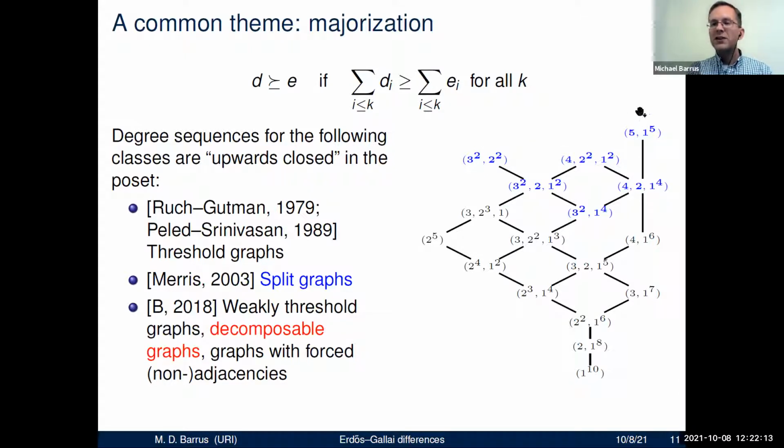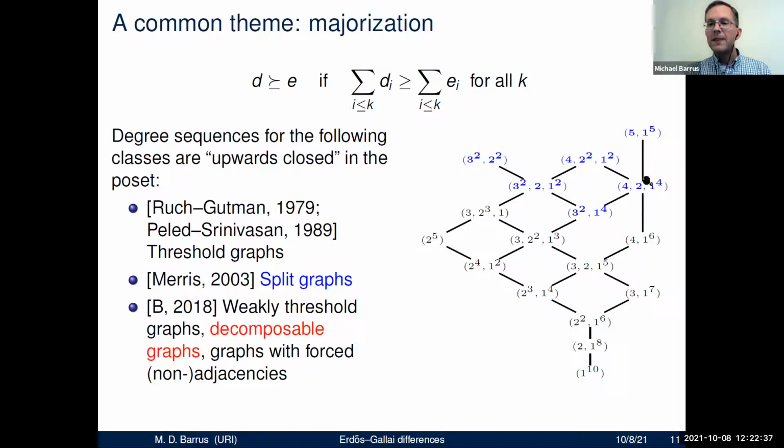Once you fix the number of edges and you form this majorization poset, the maximal degree sequences there are going to be precisely the degree sequences of threshold graphs. Now, Merris showed in 2003 that if I take the degree sequence of a split graph, then any degree sequence that majorizes it will also have that property.